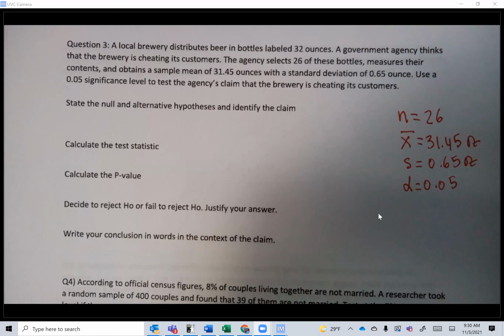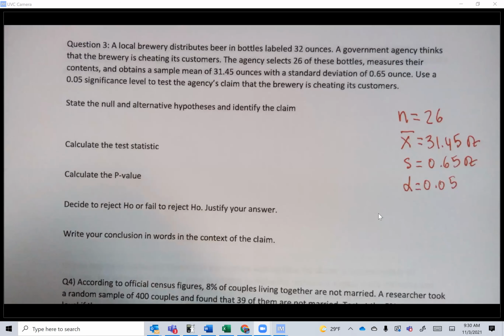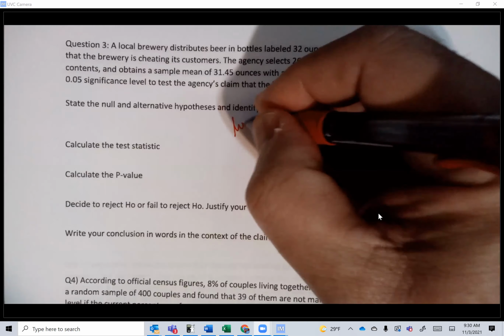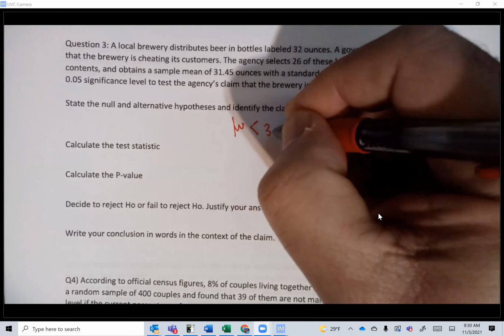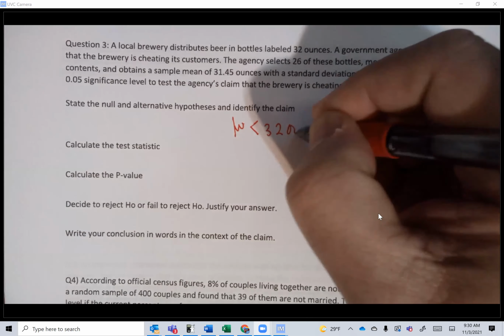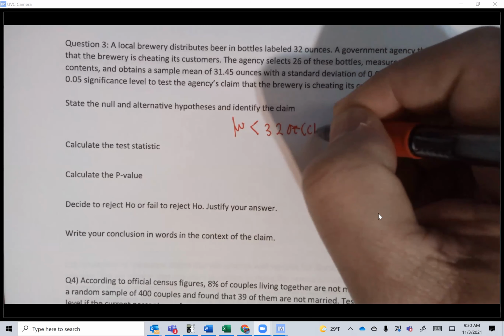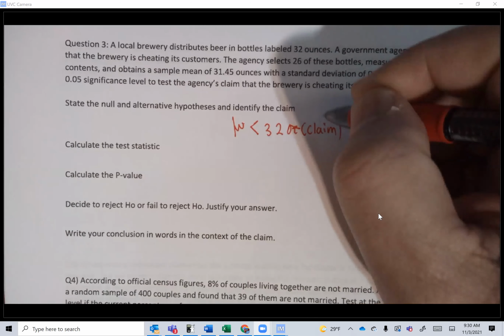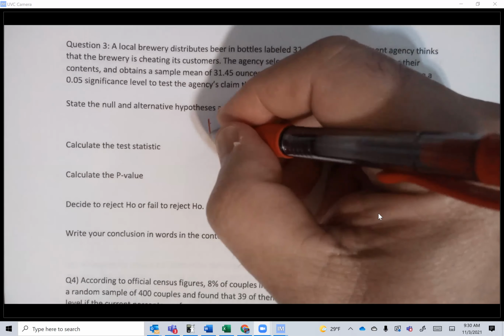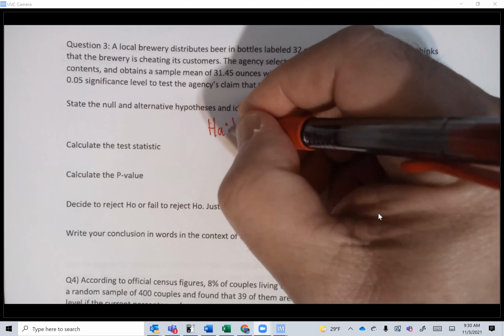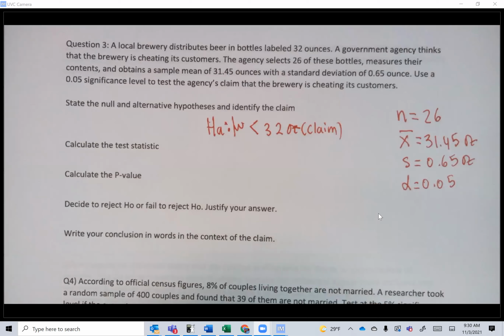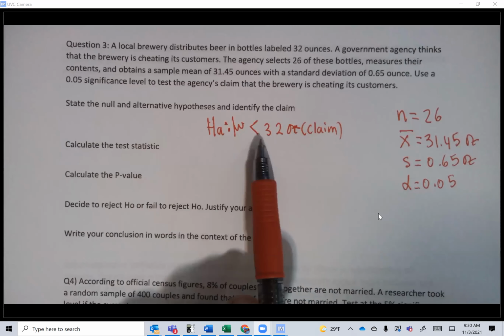So look, mean is less than 32 ounces, and that's the claim, guys. Not by the brewery itself, it's by the government agency. Now, if you ask me why did I label this as HA, because the less than must be HA.